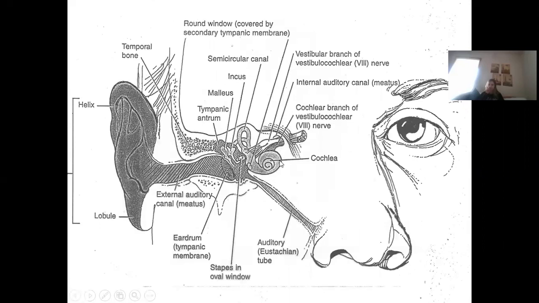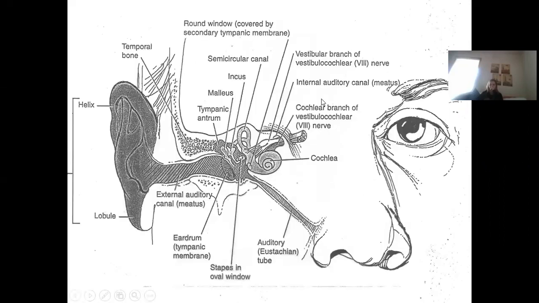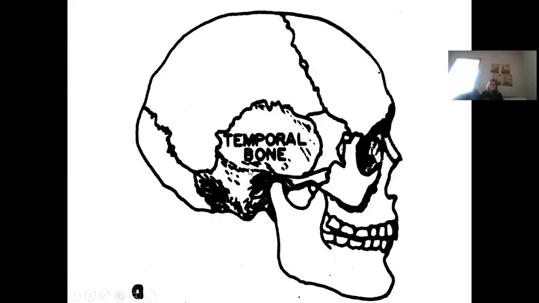And look at the cochlea, shaped like a spiral, like a snail shell, and the tip of the cochlea is aimed toward the back of your eyes. That's how to kind of orient it. The skull has various bones, and the inner ear is actually in what's called the temporal bone. The temporal bone.